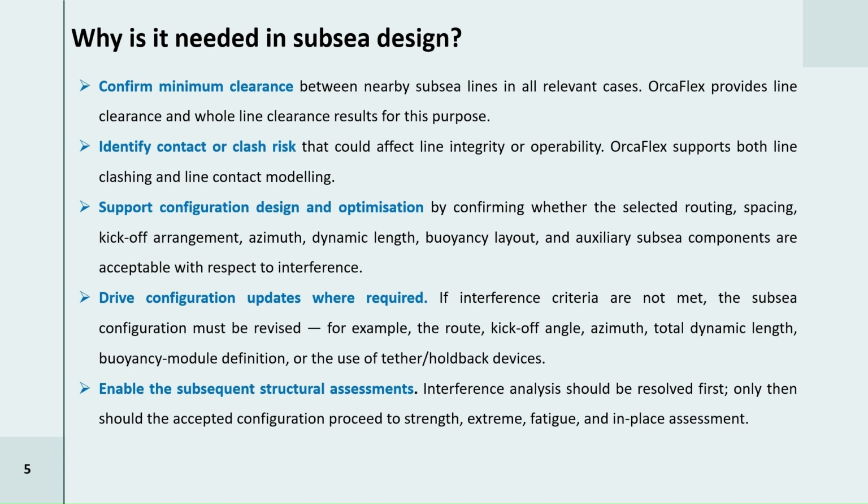This is why interference analysis is usually performed before the later structural assessments. First, we confirm that the configuration is acceptable with respect to clashing. Then, the accepted configuration can proceed to strength, extreme, fatigue, and global in-place assessment.